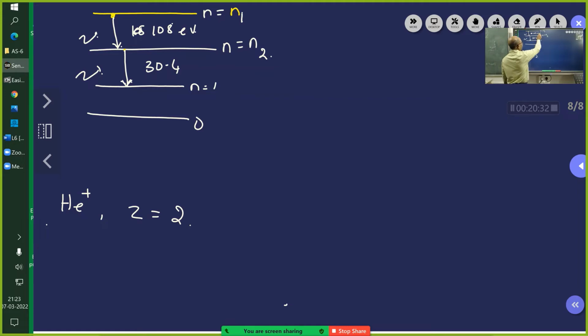You should not say this is 3, this is 2, and this is 1. We don't know. It's just that the electron will jump from this to this and from this to this. Did you capture it, students? They are now asking us to find the quantum number n, and these are the two transitions they have put.